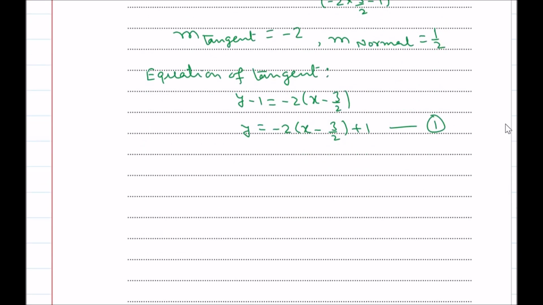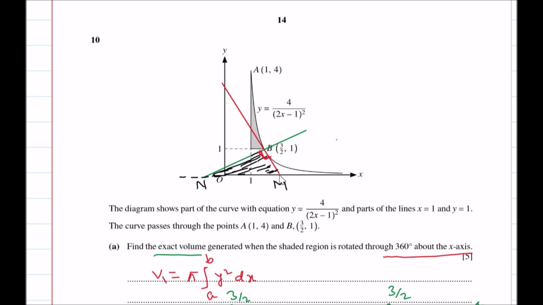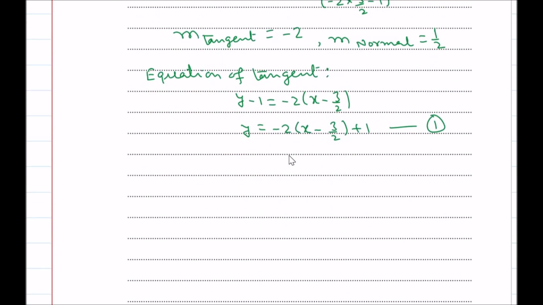Write the equation of the normal, or we can do one thing here only. We can find m by substituting y equal to 0, because at M, y equal to 0, right? So let us put y equal to 0.